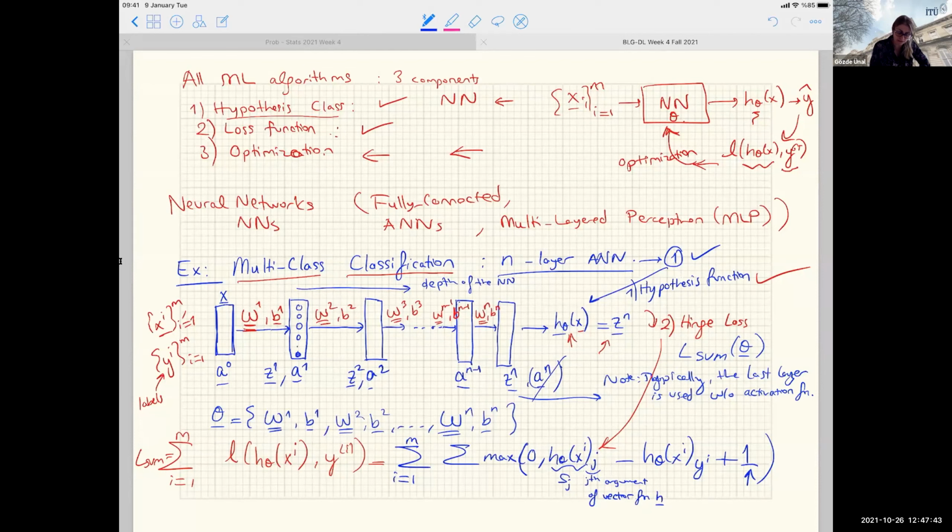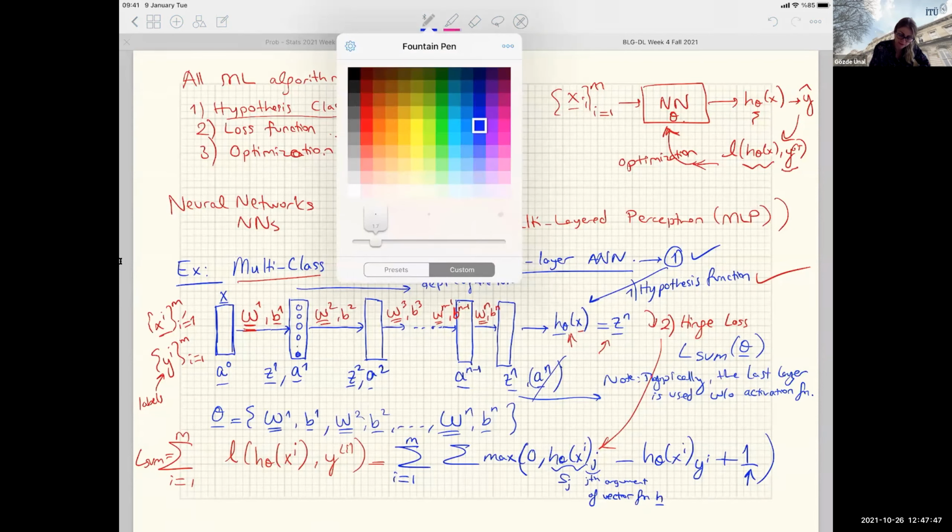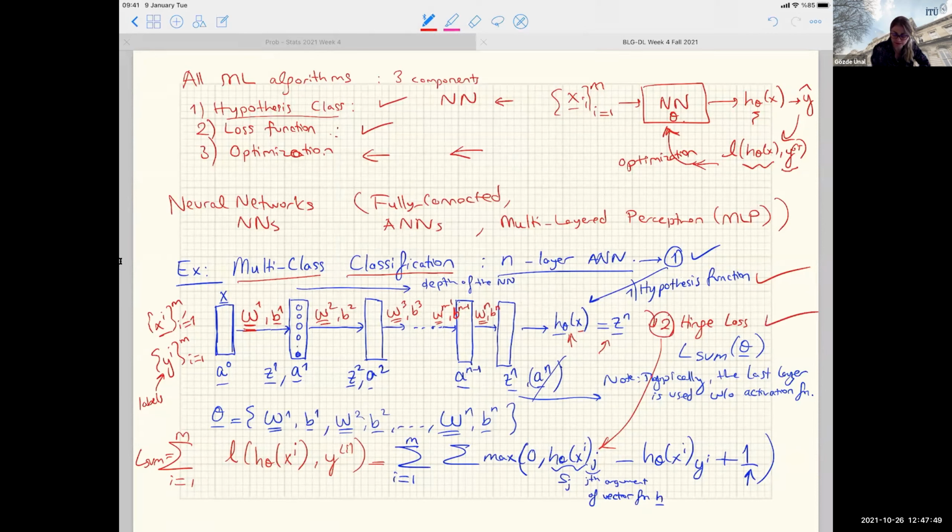So training, now we will come to the third component, guys. We've done the loss and the hypothesis. The third one, optimization or training. Actually, this optimization, in this case training the neural network, is really equivalent to estimating theta, the parameters theta.